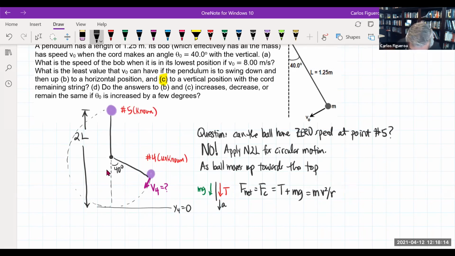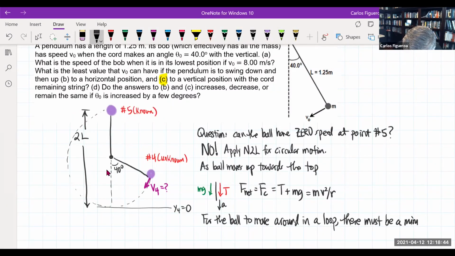So the question is that in order for the ball to move around the loop, there must be a minimum tension. So for the ball to move around in a loop, there must be at least a minimal tension.